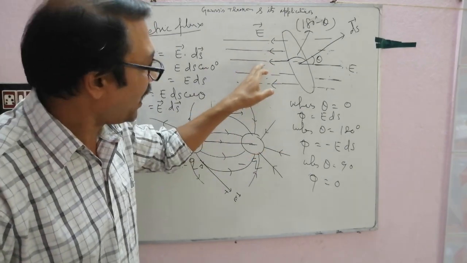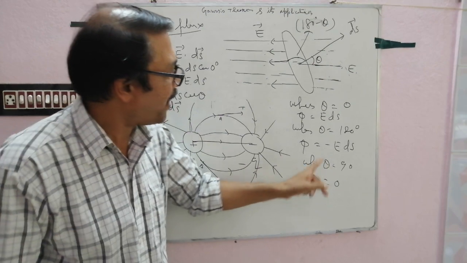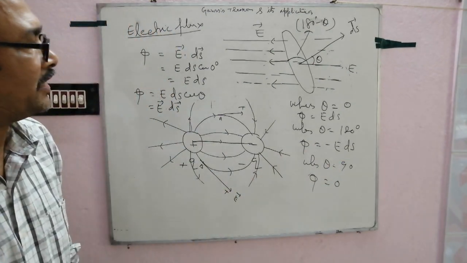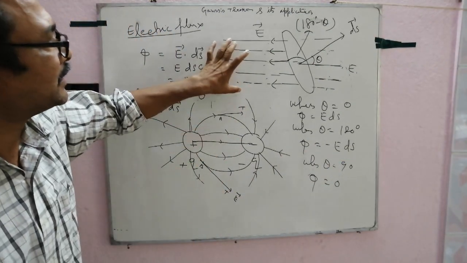So this flux will be negative: minus E dS cos theta, minus E dot dS.